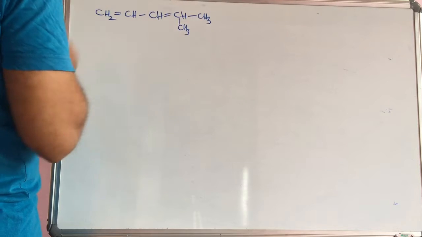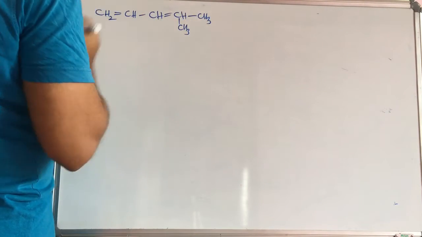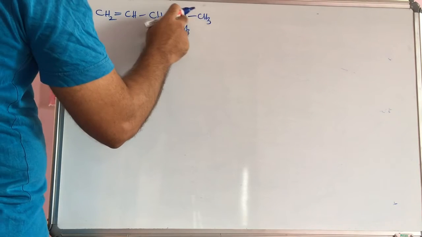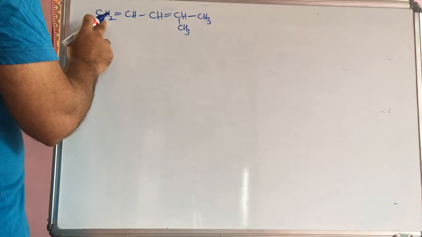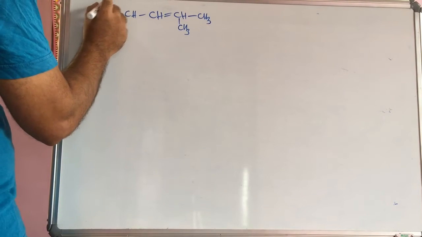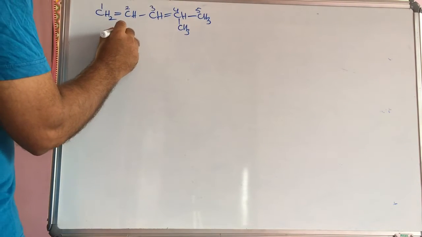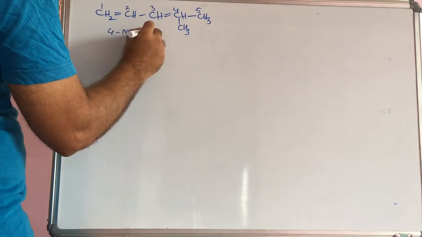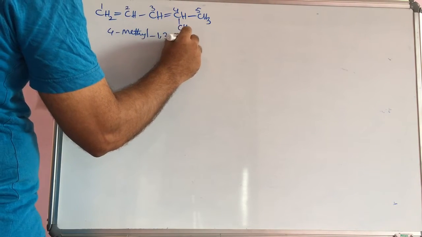According to numbering, it should get the lowest number, but here the second position gets the double bond, while here the first position gets the double bond. That's why the double bond gets the least priority. That's why it is 1, 2, 3, 4, 5: 4-methyl-1,3-pentadiene.